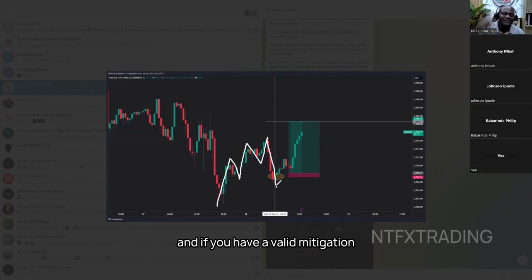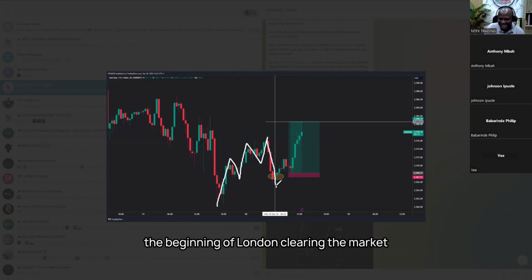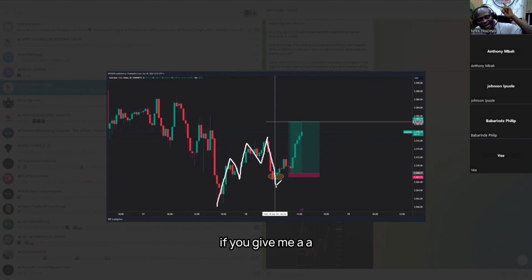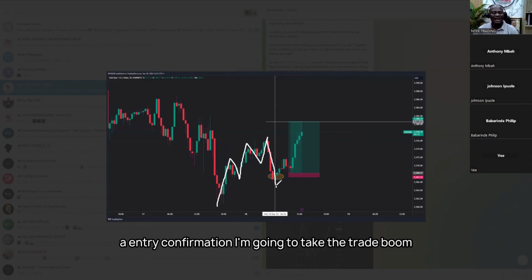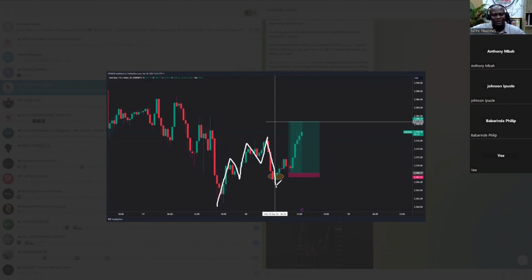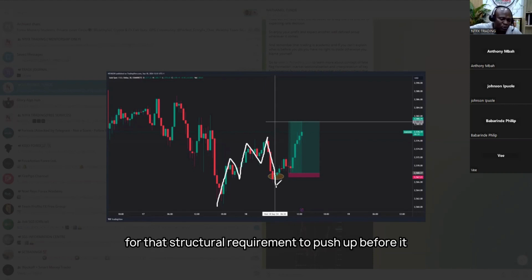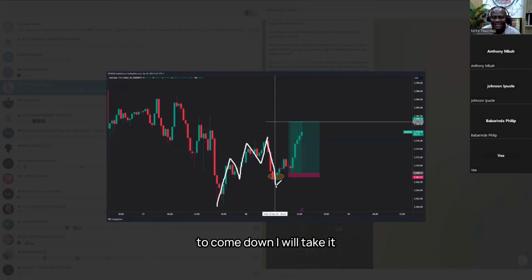And if you have a valid mitigation, clearing the market at London session, the beginning of London, it then means that if you give me entry confirmation, I'm going to take the trade. Boom, for the completion of structure, for that structural requirement to push up before it will come down, I will take it.